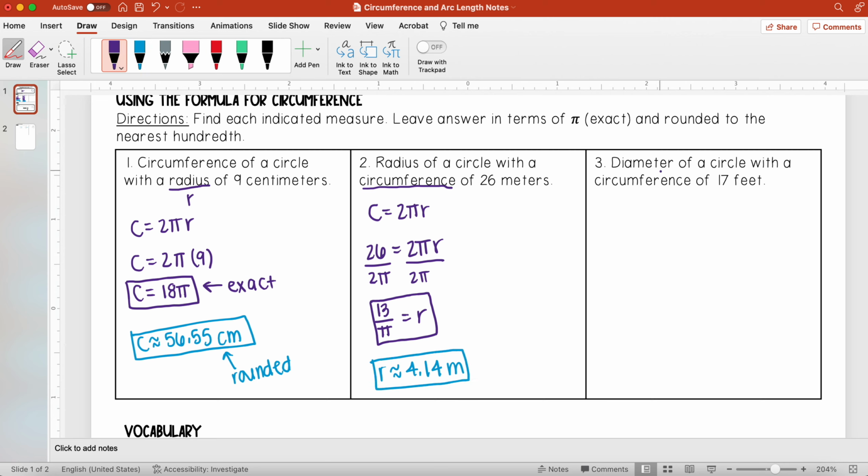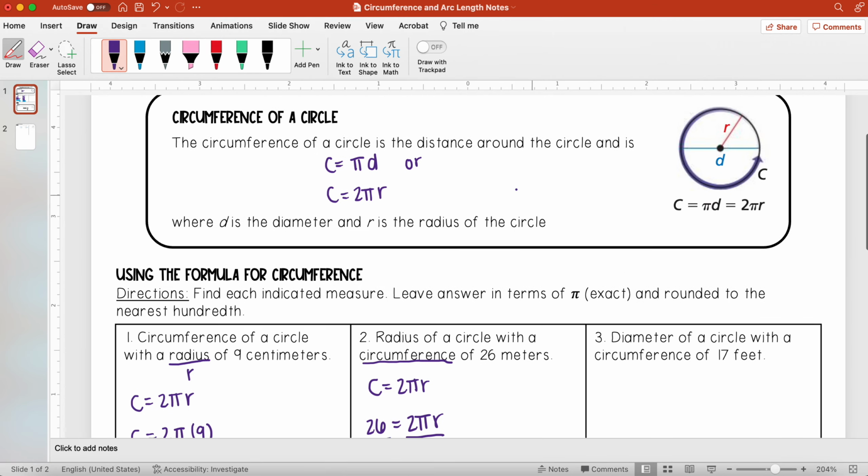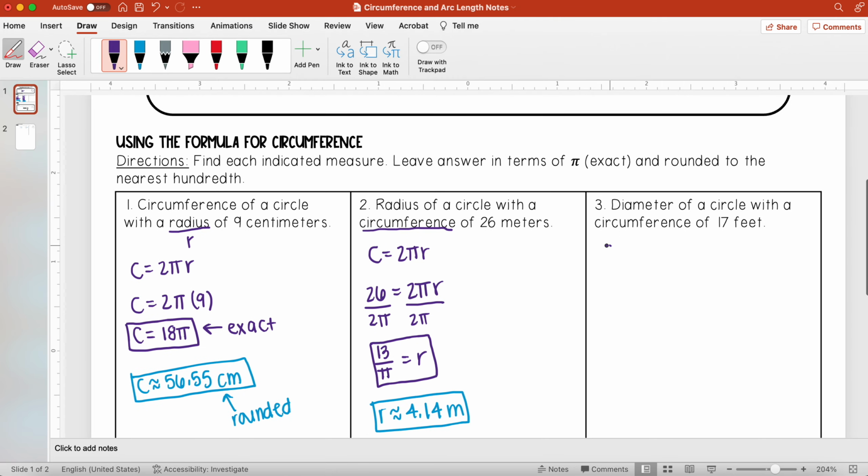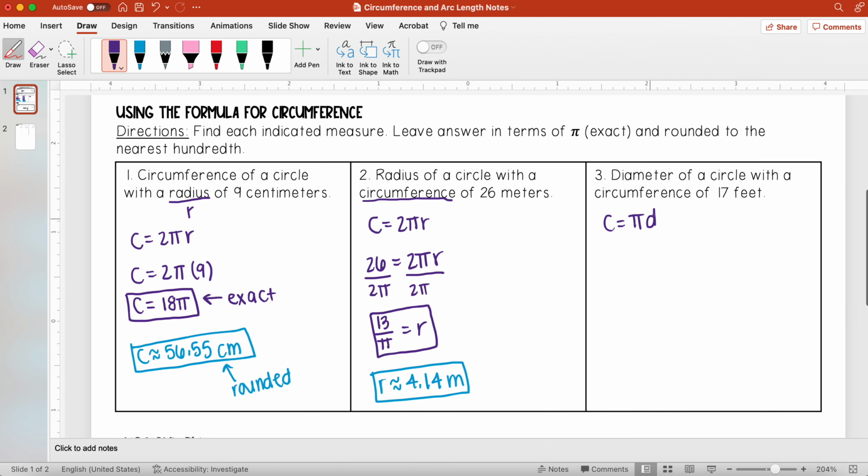Okay, this last one, I'm looking for the diameter, so it's the diameter of a circle with a circumference of 17 feet. So this time I'm actually going to use that top equation, which is that the circumference is equal to pi times the diameter. And so I know that the circumference is 17 feet, so I'm going to replace C with 17.